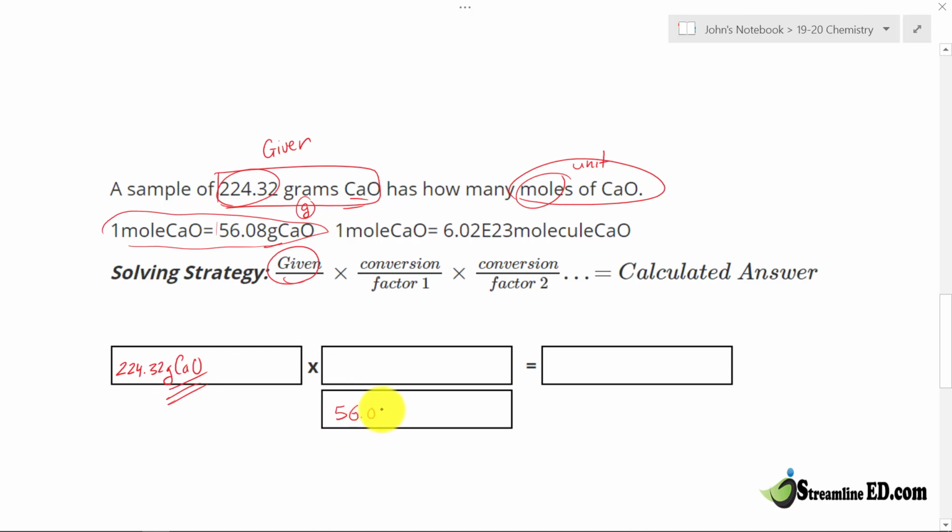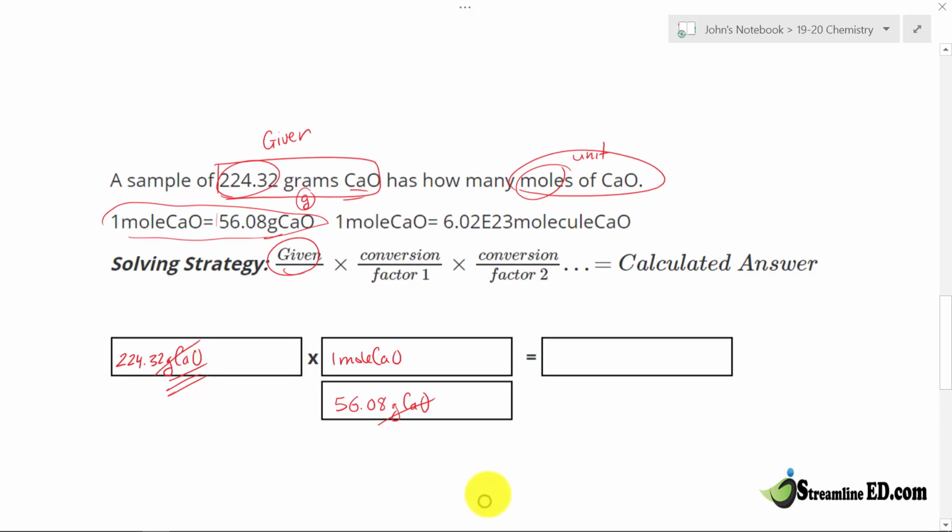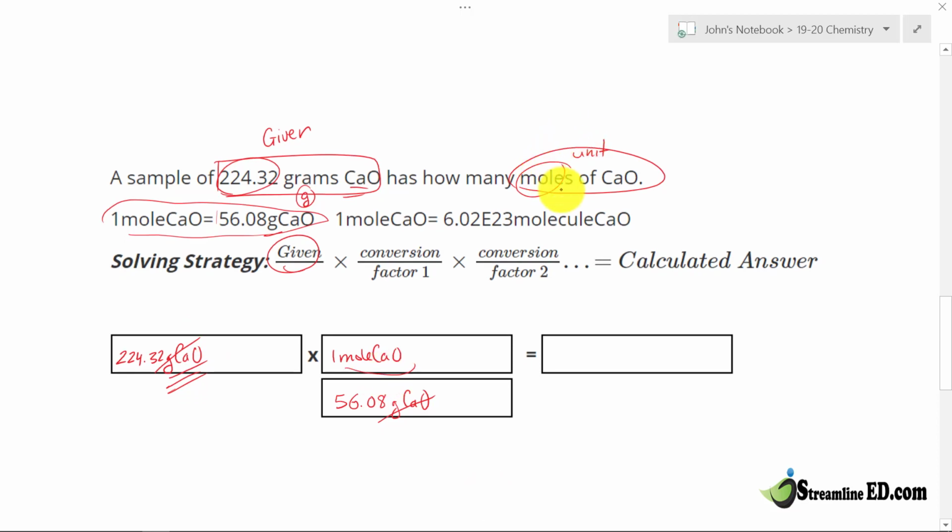So we have 56.08 grams of calcium oxide. And on top must be the leftover 1 mole of calcium oxide, and that cancels out. And we are done because we have our desired unit right here, which is moles of calcium oxide. So that's how you know when you are done with multiplying conversion factors. So let's do it. Multiply everything on top and divide everything on the bottom.